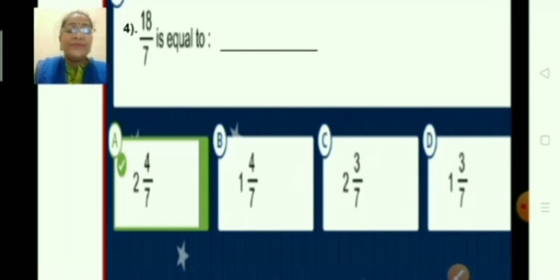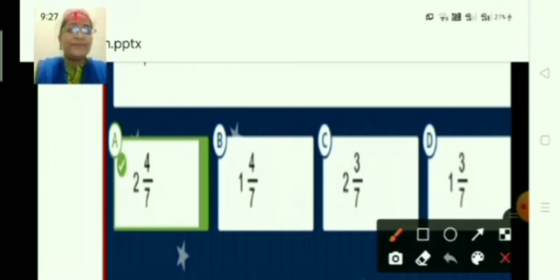Fourth question, 18 by 7 is equal to dash. Here you have to fill the blank space with the correct option. Now children, the teacher already taught you this in the previous video, how to convert an improper fraction into a mixed fraction. Let us see once again how to solve.